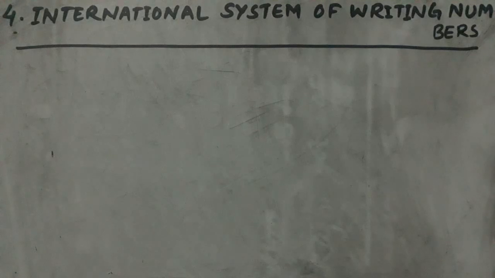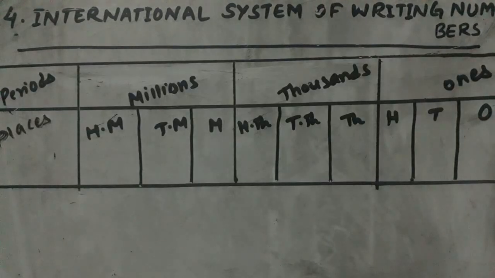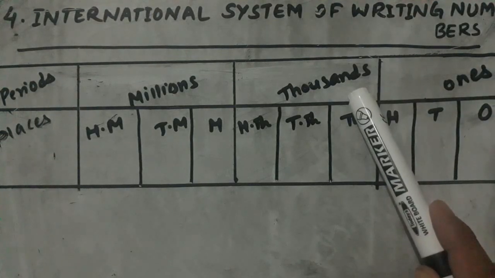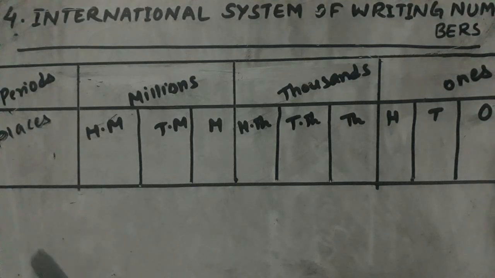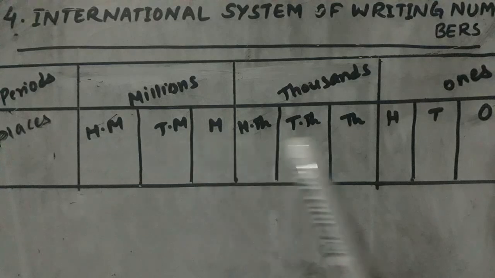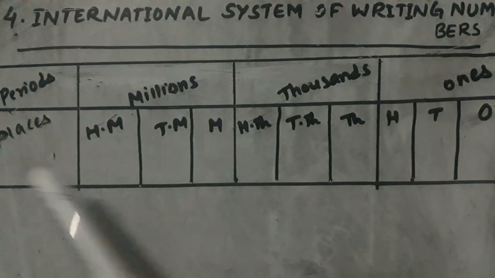So students, let's observe the place value chart in the international system. Here I have drawn the place value chart. As I have already told you, each and every period consists of three places. Here you can see the periods. Period starts from ones, then thousands, then millions, billions, trillions. The second row is of places.